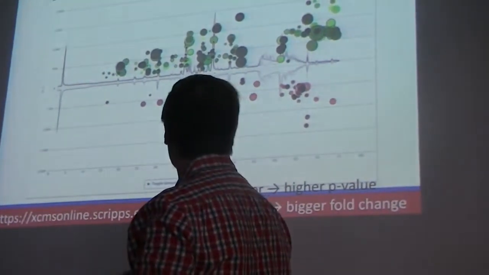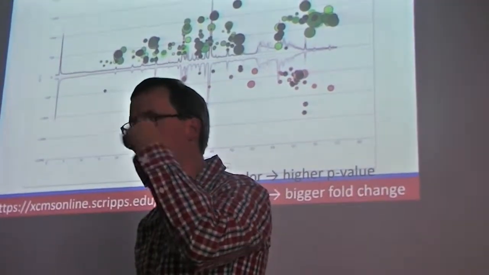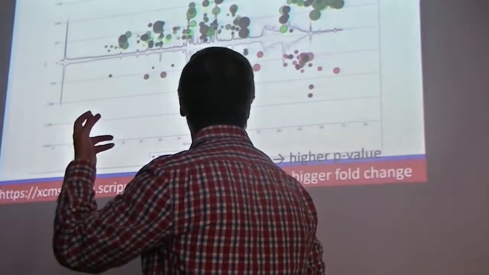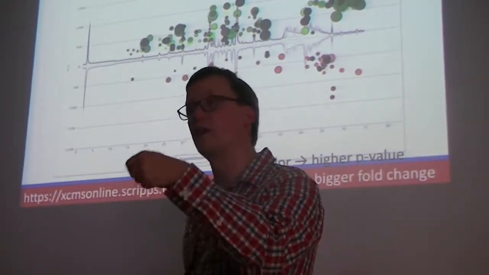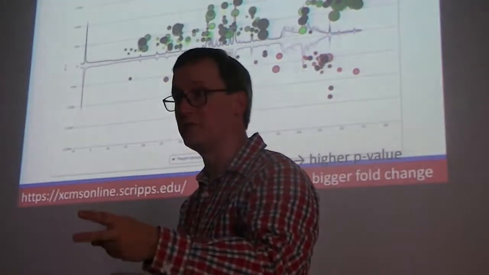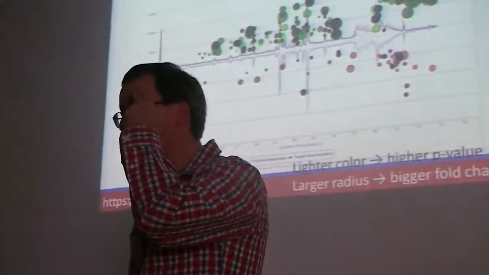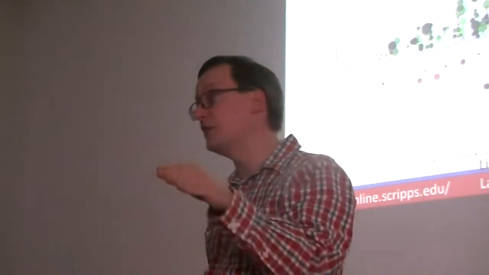And they're using the shades and the brightness and the circle radius to tell us about the p-values that correspond to those metabolites and the fold change. So you probably remember a plot when we were talking about microarrays that showed p-values and fold changes on the same plot.